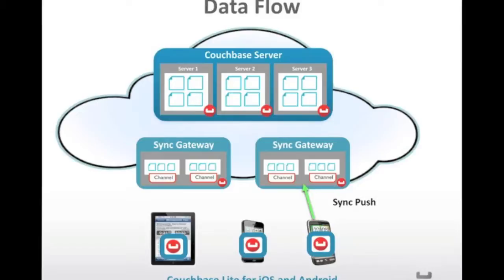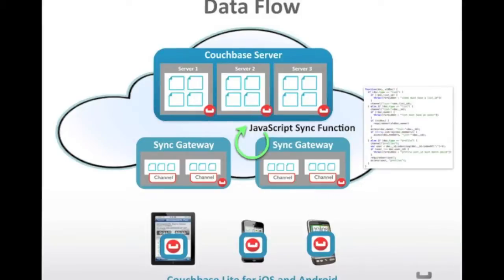When you finally get connected to the internet, when the Wi-Fi gods are smiling upon you, and your mobile device is able to reach Sync Gateway, this occasionally connected device, when it's happy, sends what it's learned up to the cloud and to the Sync Gateway via HTTP and JSON.